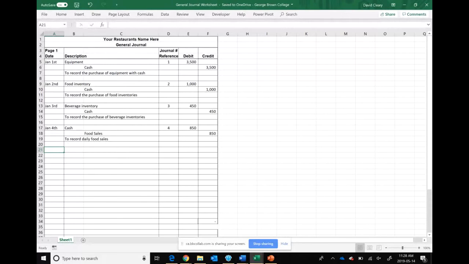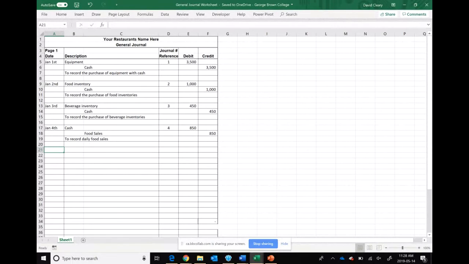If your cost of food sold was $200, you know that you sold $200 worth of food, and you must recognize the expense, but also you now have $200 less inventory, right? That's how we show the effects of this particular transaction. We have to show that our cost of food sold has increased to show that expense.